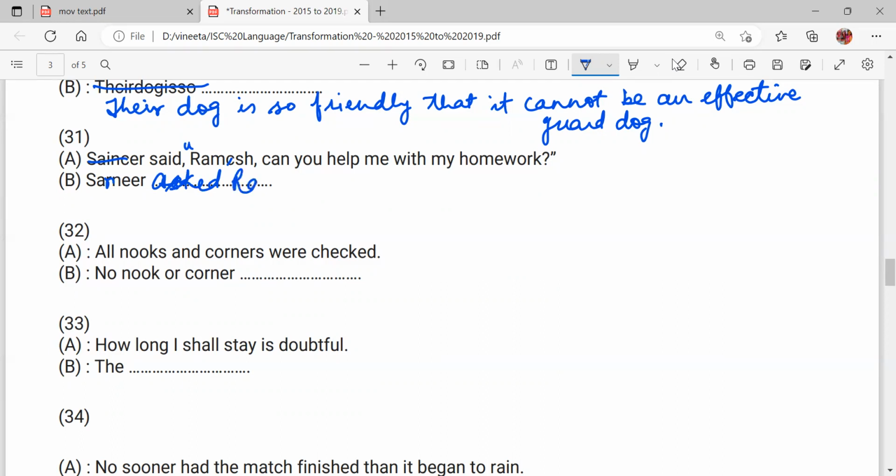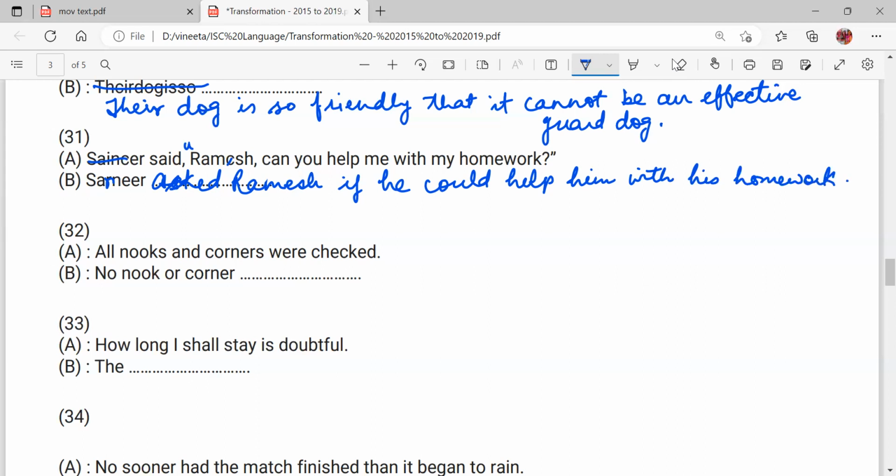Sameer asked Ramesh if he could help him with his homework, and full stop. A question in the direct speech becomes a statement in the indirect speech. So you are not supposed to put a question mark here. You have to put a full stop here, right?